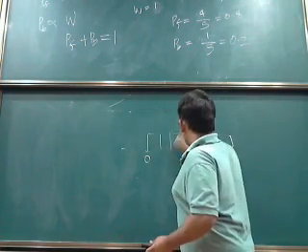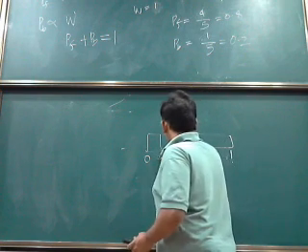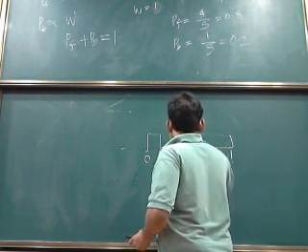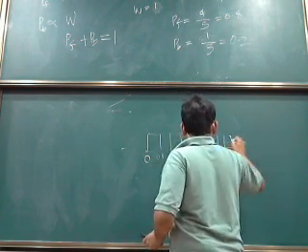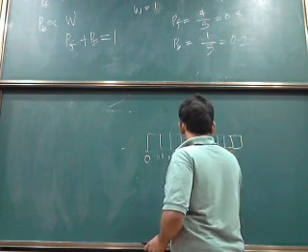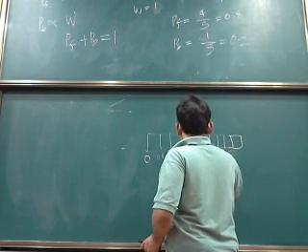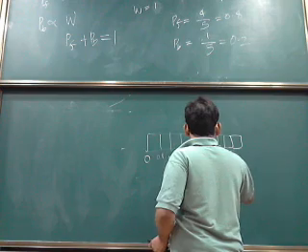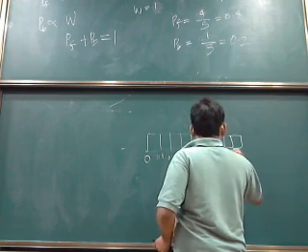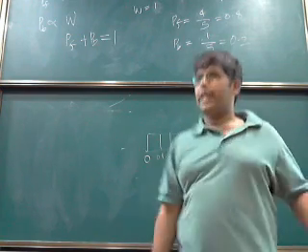Let us divide this into intervals: 0.1, 0.2, 0.3, 0.4, 0.5, 0.6, 0.7, 0.8, 0.9, 1. So I divide it into 10 boxes.